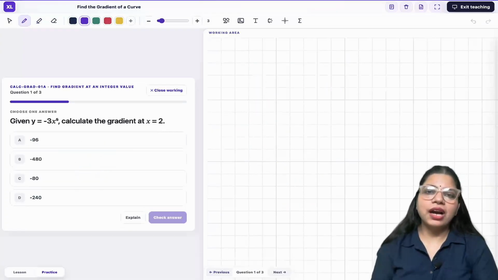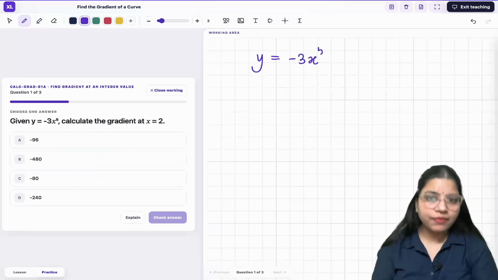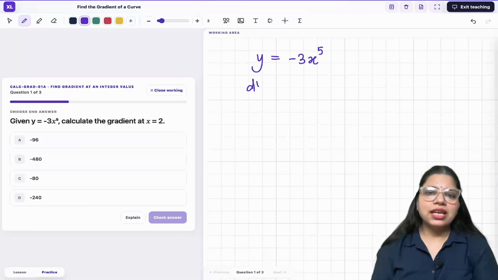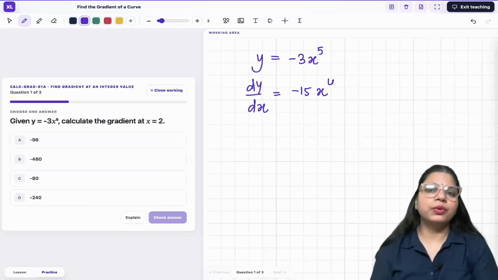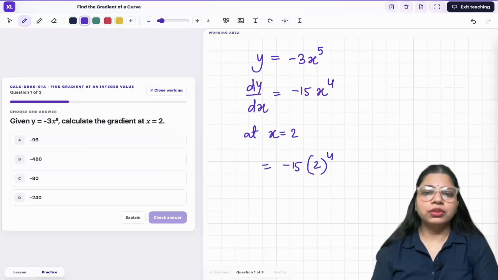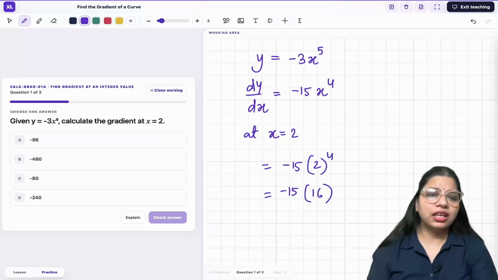Now, we have y equals minus 3x to the power of 5. What's the gradient at x equals 2? That would be minus 15x to the power of 4, right? At x equals 2, it will be minus 15 times 2 to the power of 4, which is minus 15 times 16. Oh, that's tricky.